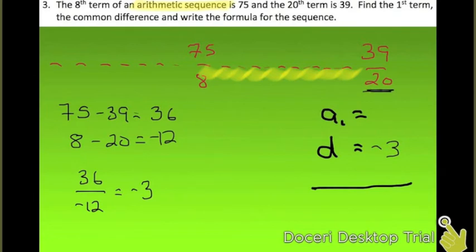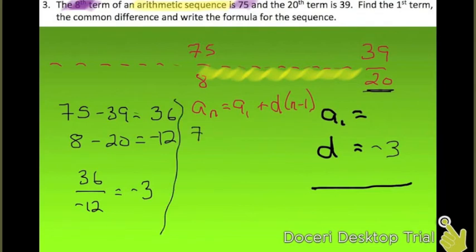To find our first term, we have to plug back into the formula. They actually told us right up at the beginning that the 8th term is 75. So if we use the formula a sub n equals a sub 1 plus d times n minus 1, we can plug stuff in there. So we know that our 8th term is 75.